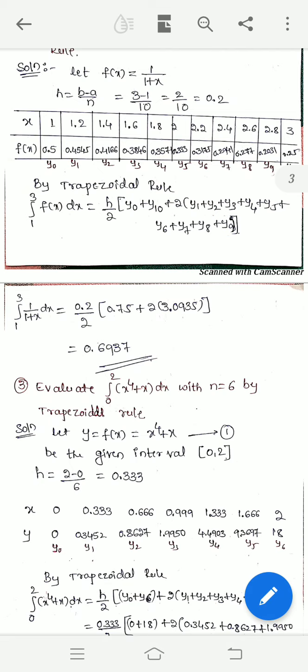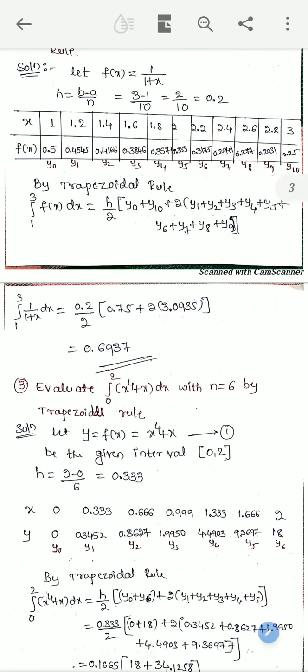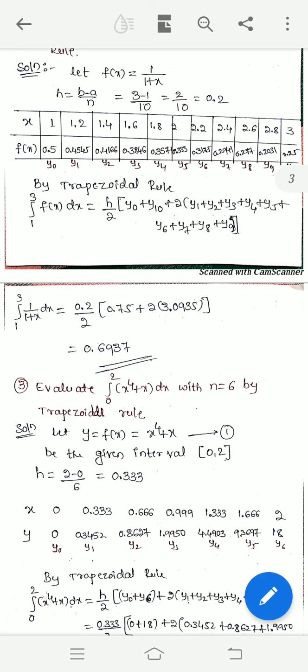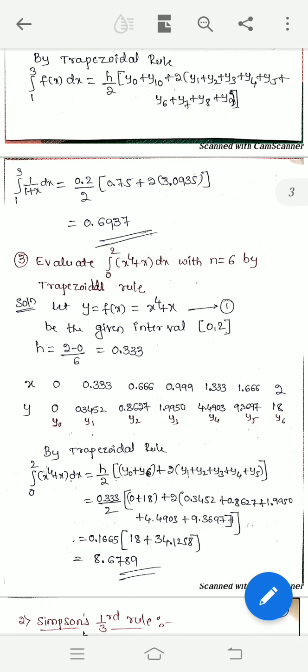Okay, so we substitute all these values in the above formula and calculate. We get h equal to 0.2 divided by 2 into the first term plus the last term, which is 0.75, plus 2 into 3.0935. Then the total answer of this will be 0.6937. Okay, so this is the second example regarding the trapezoidal rule.